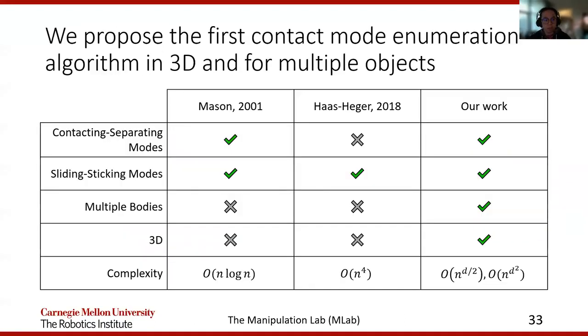So in this paper, we've proposed the first contact mode enumeration algorithm, which works in 3D and for multiple objects. There really are only two previous methods, which work in 2D and do not handle multiple objects, which we've listed here.